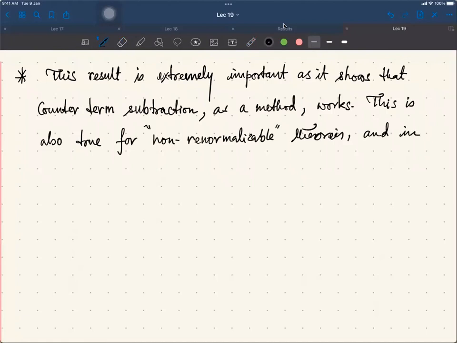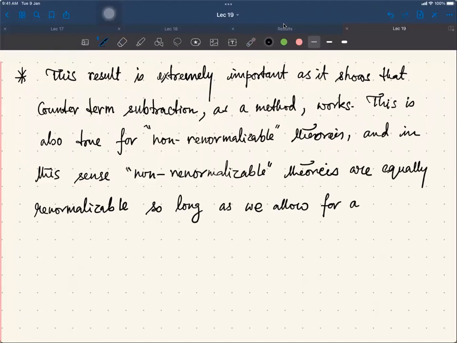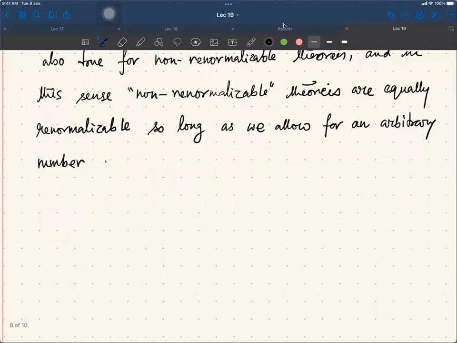And in this sense, non-renormalizable theories are equally renormalizable, so long as we allow for an arbitrary number of couplings.